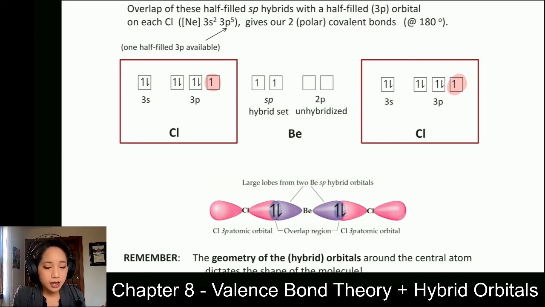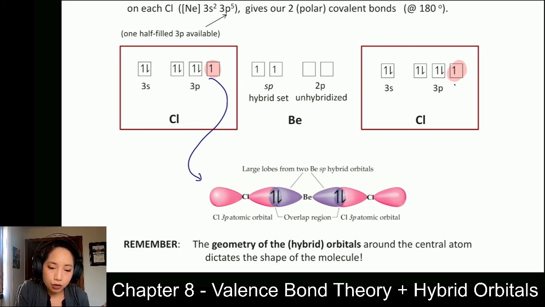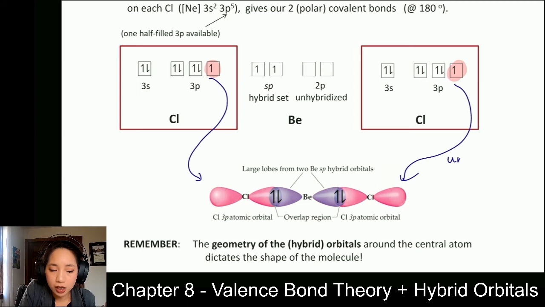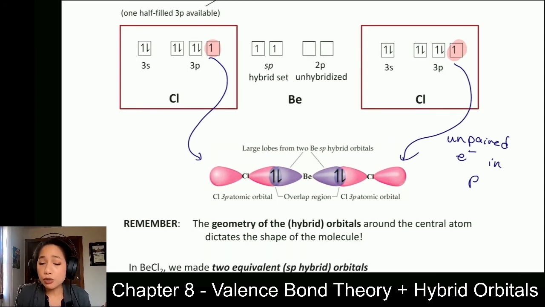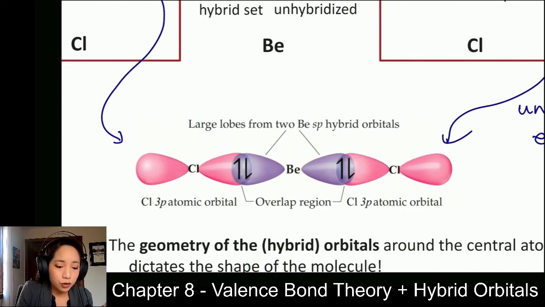So you can see how in this picture I draw the p orbitals in which that unpaired electron exists. Unpaired electron, it's in a p orbital. So those are the orbitals that are involved in orbital overlap to create the bond that we need. So that's what you see here. We have two lobes from the two different sp hybrid orbitals.